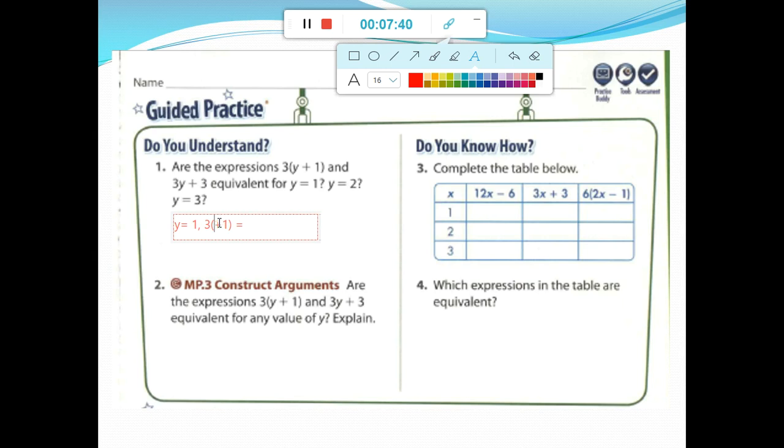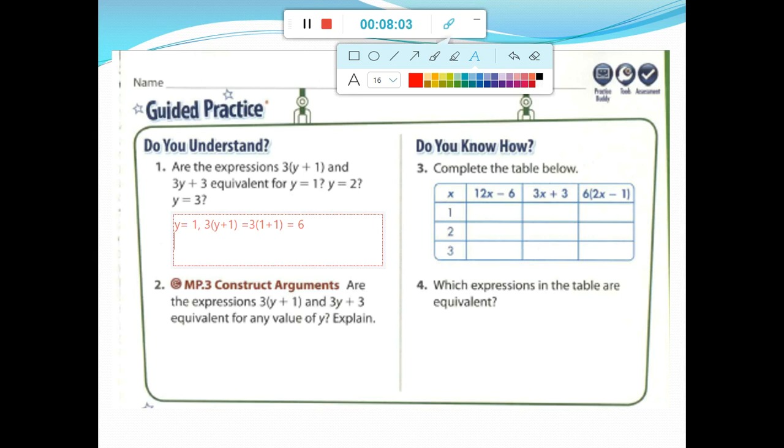So first let me write it, then I replace it. 3(y + 1) = 3(1 + 1) = 1 + 1 equals 2, multiply 3 equals 6.